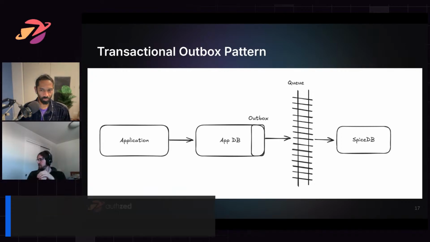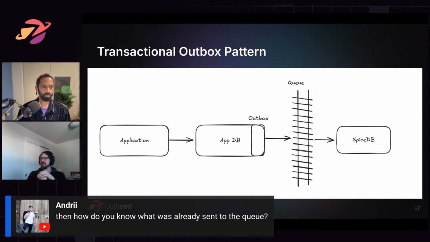How do you know it was already sent to the queue? I think that's an implementation detail of the thing that you use to replicate out of your outbox table. I don't know Debezium all that well. I wasn't required to know its internals when I was working at the company. I'm not sure if Debezium is holding its own state.